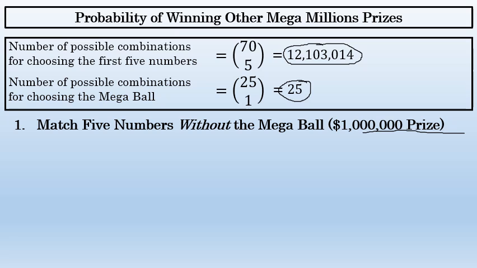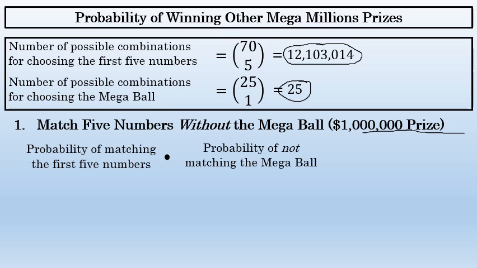What we'll have to figure out is the probability of matching those first 5 numbers, and we'll multiply that by the probability of not matching the mega ball. This probability will be the probability of matching the first 5 numbers, which we already determined to be 1 in 12,103,014, times the probability of not matching the mega ball.